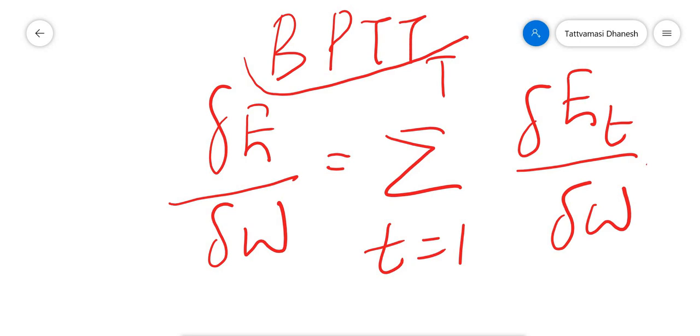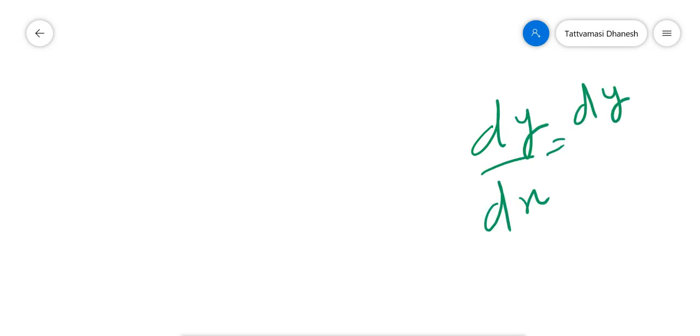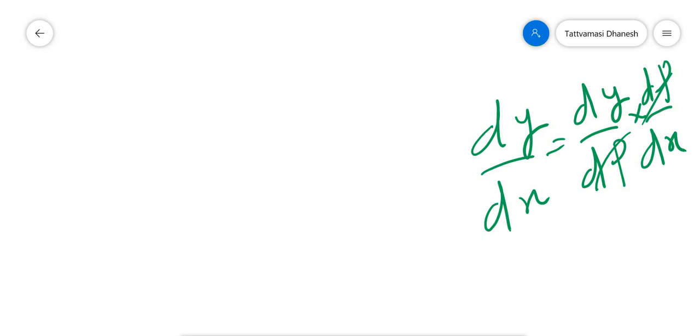As you know, the backpropagation algorithm uses the chain rule. Chain rule means dy by dx equal to dy by dp into dp by dx. So this is equivalent to dy by dx only. So here the chain rule becomes, you need to understand this math.